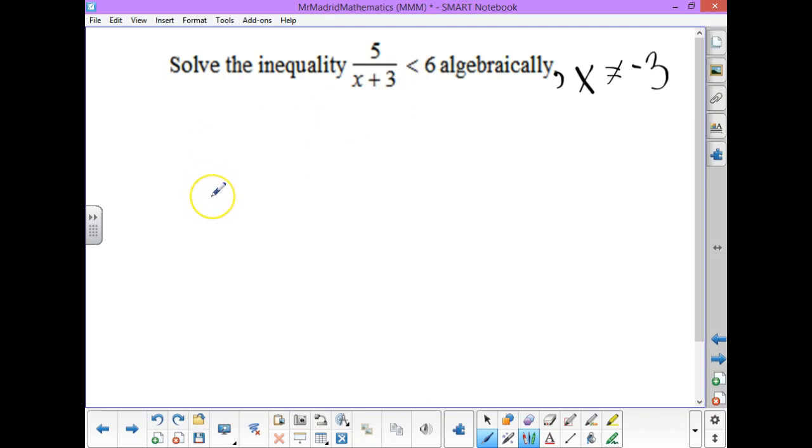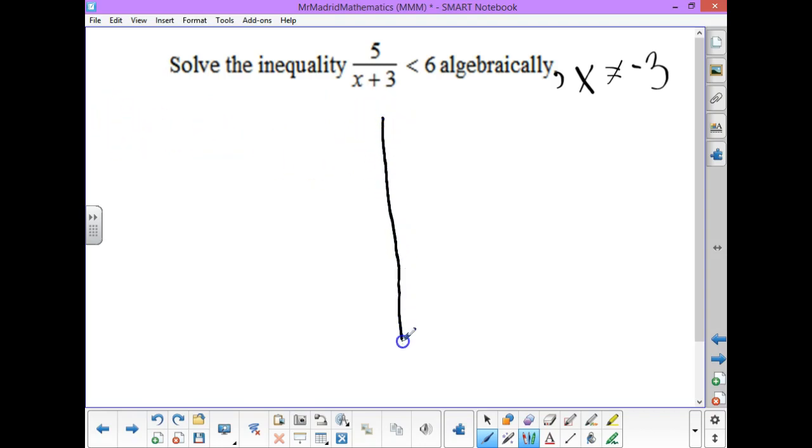Because it says algebraically, here's the approach. We're going to end up multiplying by the denominator, but because there is a variable down here, it could be positive or negative. So let's describe two cases.